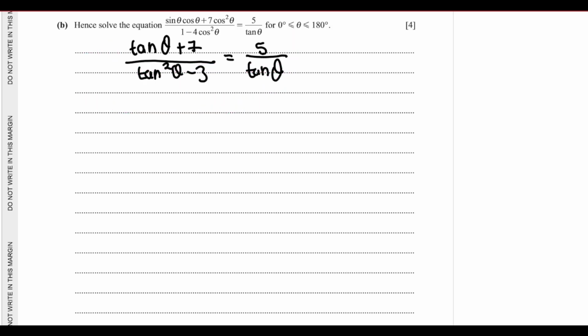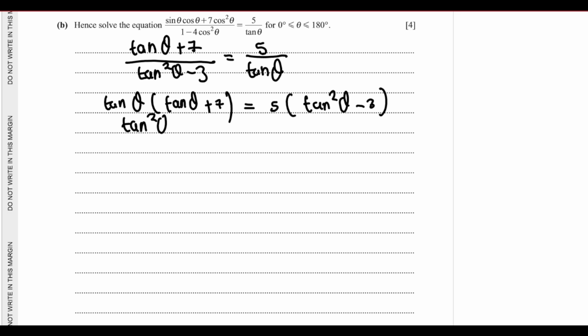We'll have tan theta times tan theta plus 7 is to 5 times tan squared theta minus 3. Take the tan in, I'll have tan squared theta plus 7 tan theta, 5 tan squared theta minus 15. That's a 3 over there.